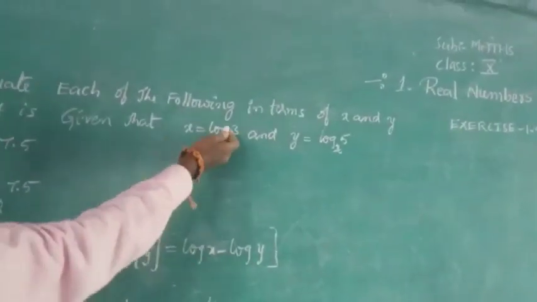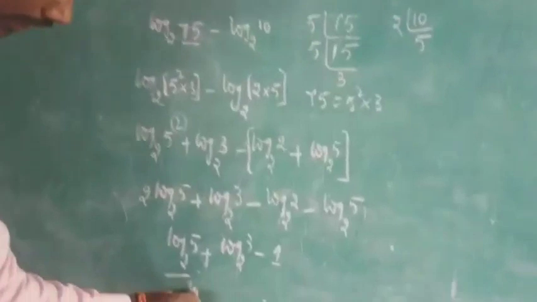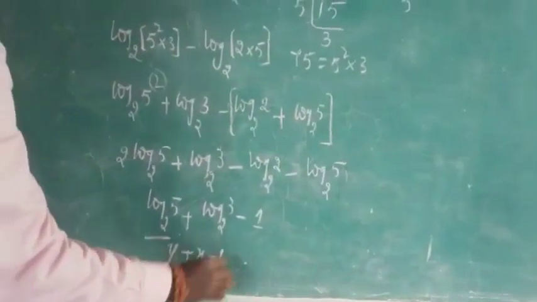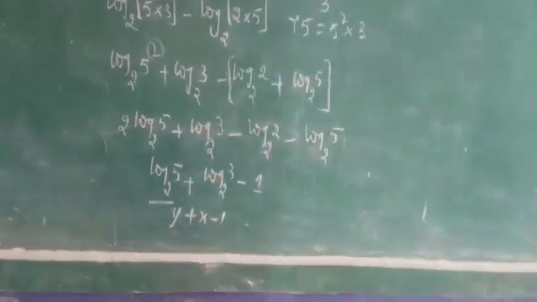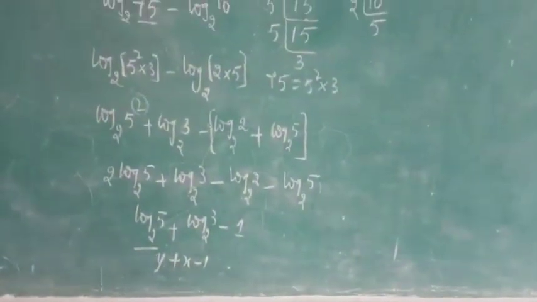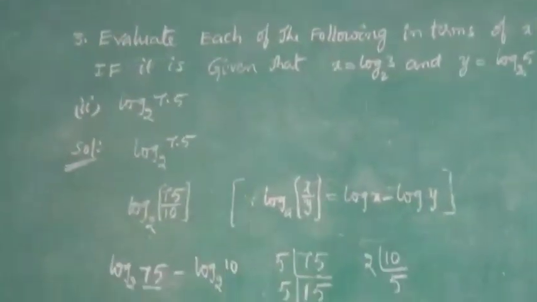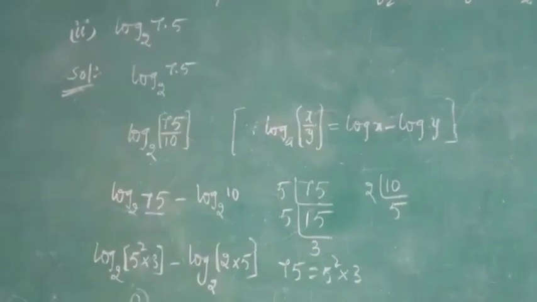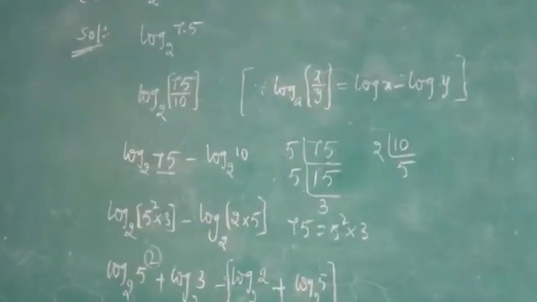This is log base 2 of 3, which is x. So y plus x minus 1 is the answer. So now concentrate on it clearly. I hope you all understood the question. Slowly concentrate on it now.